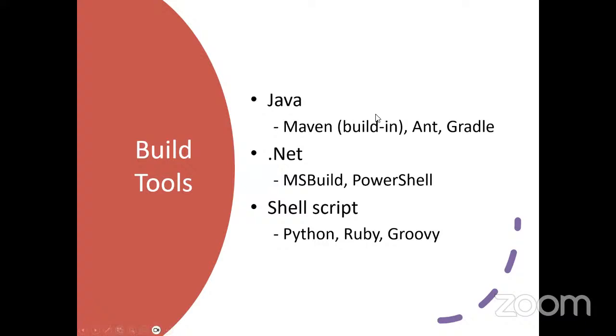That application could be Java based, .NET based, or a shell script. So you can define the process in Jenkins through build tools. For Java, there are Maven, Ant, and Gradle. For .NET, you can use MSBuild and PowerShell for the build process. For shell scripts, you can write in Python, Ruby, and Groovy.